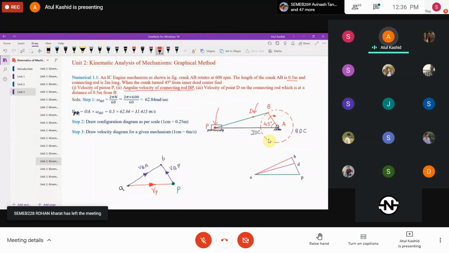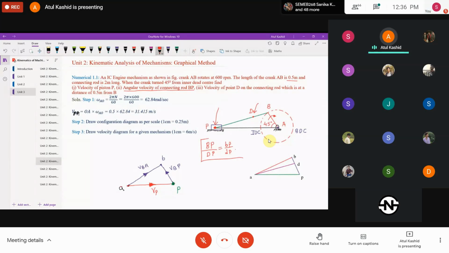I can write it as BP upon DP, right? The point D, which divides the link BP in the configuration diagram, divides it in the same ratio in the velocity diagram, right? So in the velocity diagram also, the point D is going to divide the vector PB in the same ratio.